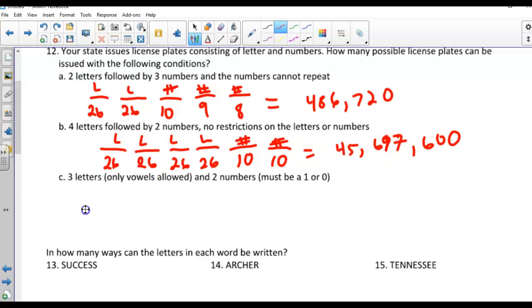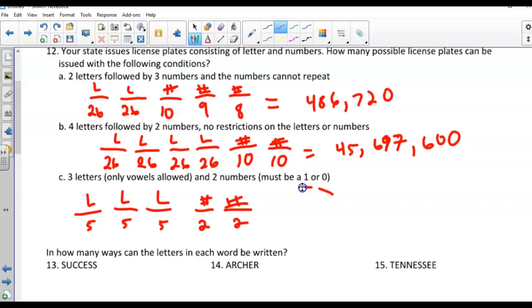Now, 3 letters, vowels only. So A, E, I, O, U. That's 5 values. I know you're like, sometimes why? No, A, E, I, O, U. So 5 options, and then followed by 2 numbers, which must be a 1 or a 0.